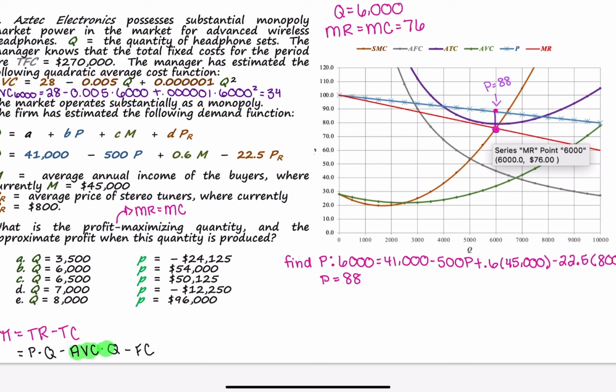So then, same as our previous questions, we're going to have pi equals total revenue minus total cost, which is going to be total revenue minus total variable costs minus total fixed costs.